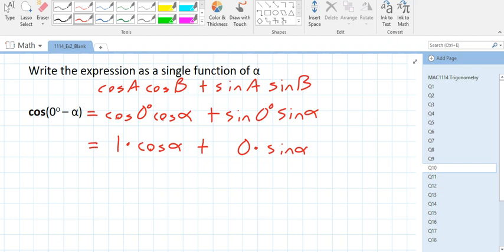Because 0 times the sine will just become 0. So it's like this whole part, we don't care about anymore. So all we're left with is cosine alpha. That's it. See? One single trig function. That's all they want you to do. Apply the formula. And I know you had some of these in that homework. Everyone good so far? Okay.